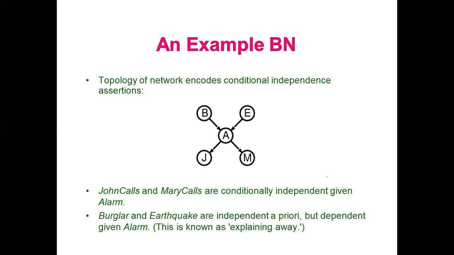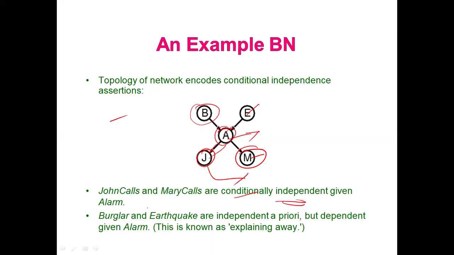So the example of the Bayesian network, as we have mentioned, is the burglary earthquake problem. It is represented topology-wise: burglary, earthquake, alarm, connected like this. And when the alarm runs, John calls and Mary calls. John and Mary calls are conditionally independent given alarm.